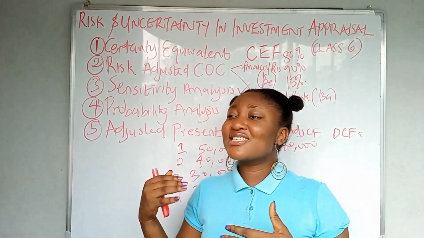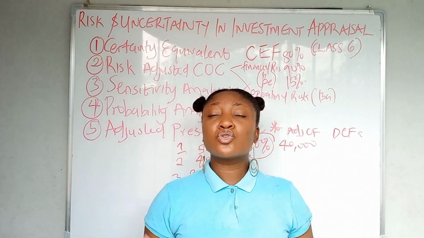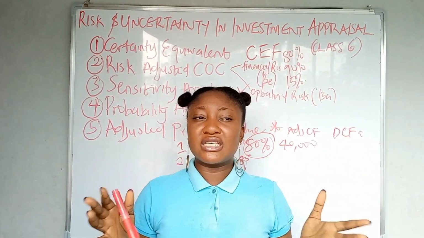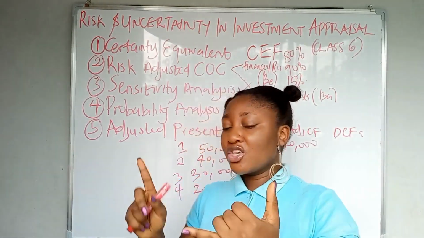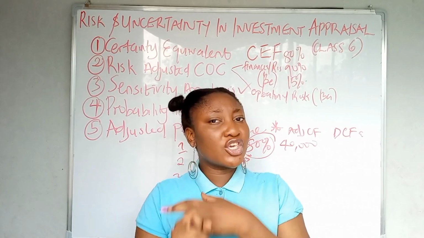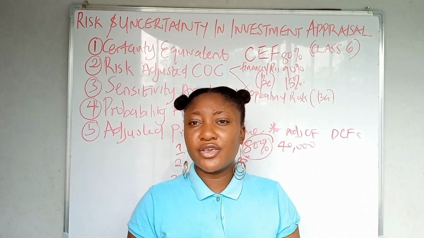So sensitivity analysis is going a step further to know how sensitive the MPV is to the various factors in the investment. There are various factors in investment. You have the sales, they will sell, right, to actualize the investment. They will incur variable costs, fixed costs will be there, working capital will be there, you understand?